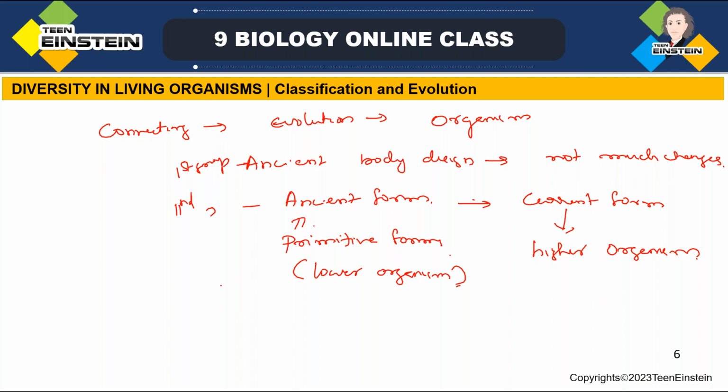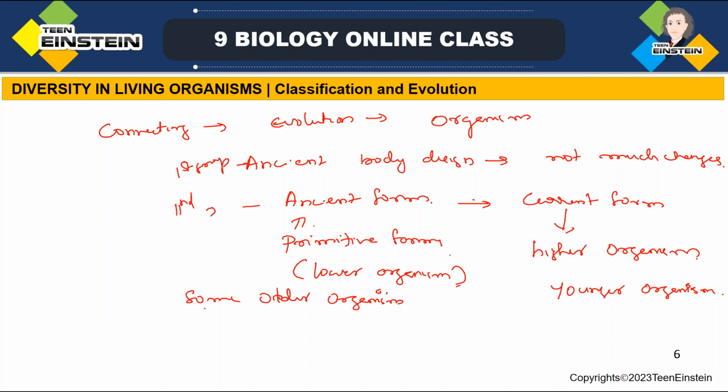So we can say that some are older organisms and some are younger organisms. There is a possibility that the complexity in design will increase over evolutionary time, and it may not be wrong to say that older organisms are simpler.